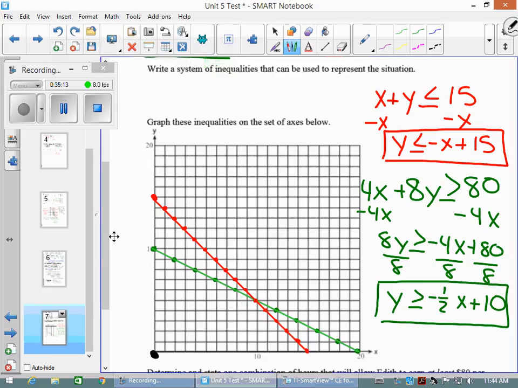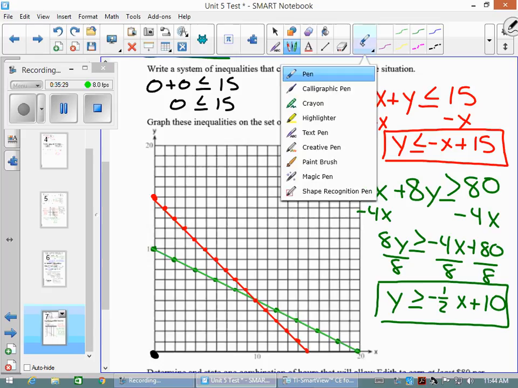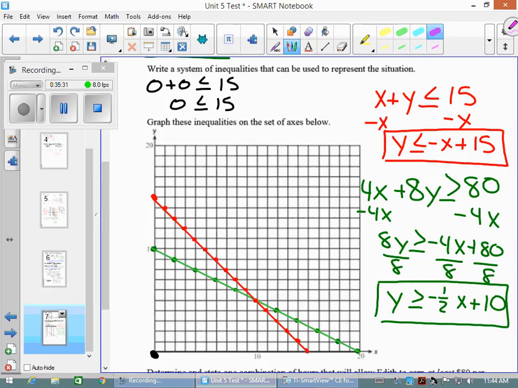So in my red one, I am going to include that 0, 0. I'm going to include that, to show that we are including all of these numbers.